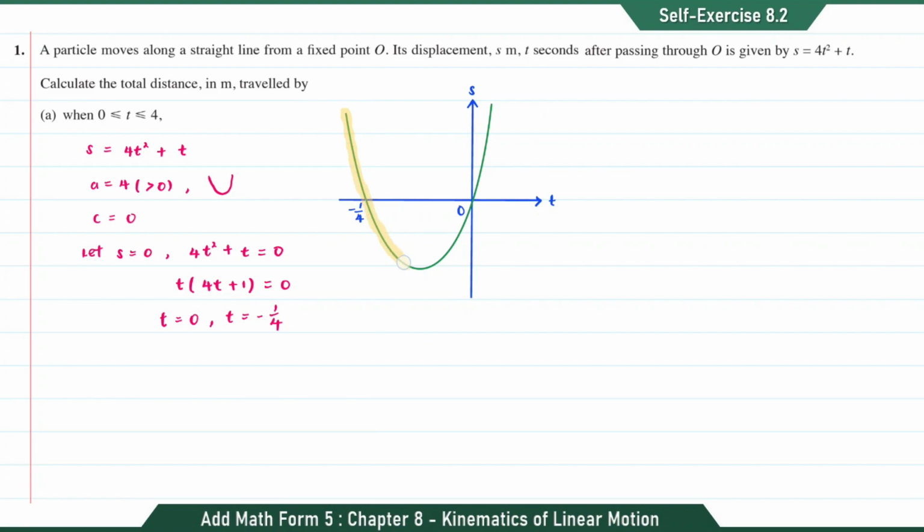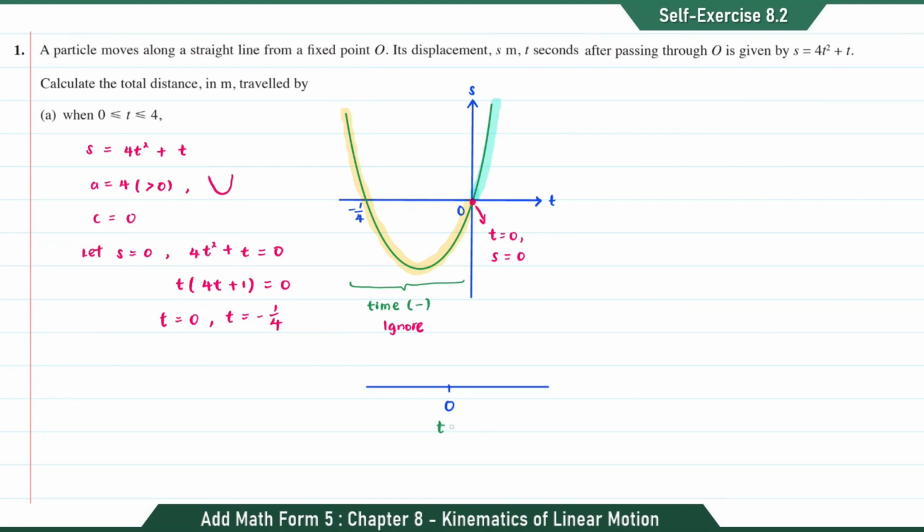For this part of the graph, the time is negative. Therefore, we're going to ignore this part. So starting from the origin onwards, this will represent the movement of the particle. At the origin, t is equal to 0 and s is equal to 0.